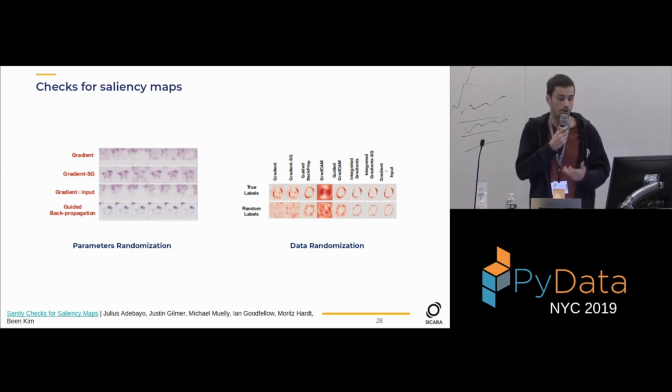It's not just switching labels between them. It's really randomizing some labels inside the dataset. So basically, if we randomize a high proportion of labels, the model will learn some noise over the data, so it shouldn't produce a saliency map that corresponds to the one with true labels.